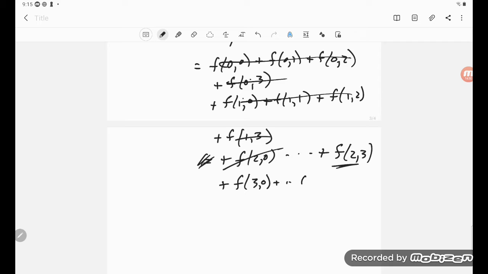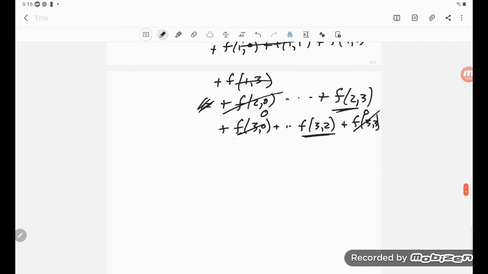But we will get to f of 3, 2, and we'll also have f of 3, 3. That's 0, but that one's not 0. Similarly, we'll have a bunch of 0 things, but we'll get f of 4, 1 in here, and we'll get f of 5, 0 in there. Everything else is going to be 0, but these are not.